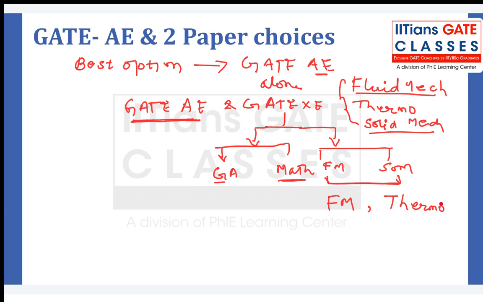Now, coming to the advantage: if you write both GATE AE and XC, whichever score is higher you can use. In almost all IITs and IISc, the GATE XC score is valid for MTech AE.